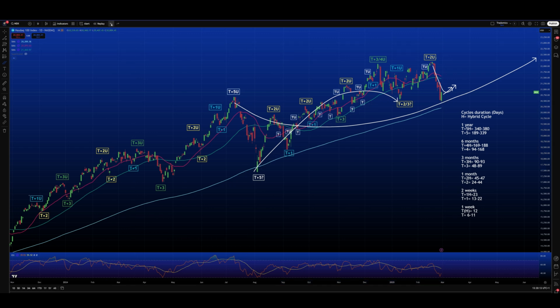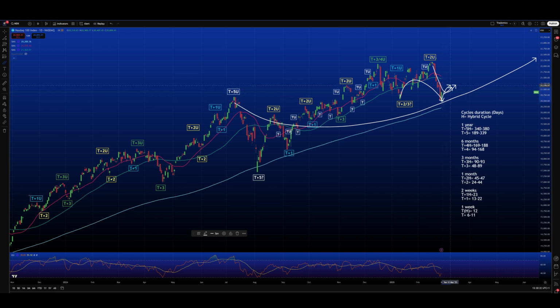Considering the experience I have on the market, I would be in favor of seeing what is going to happen from this low, because if here we have a T+3, we could have even a T+4, but this cycle has turned into a negative one.